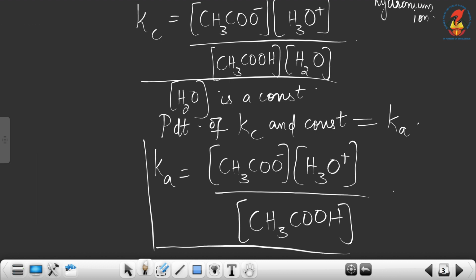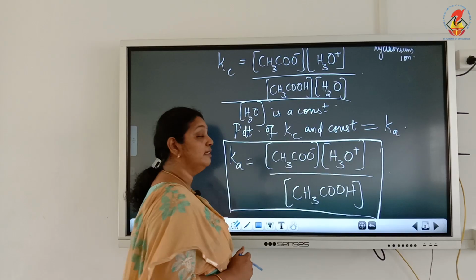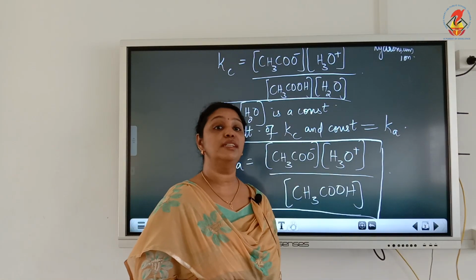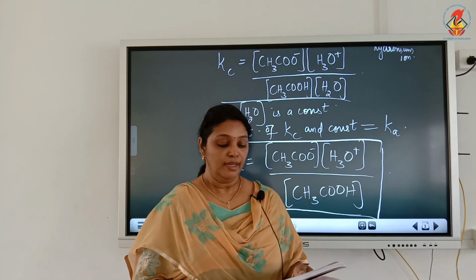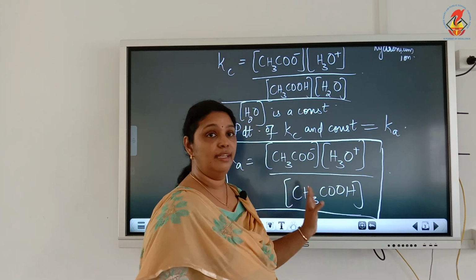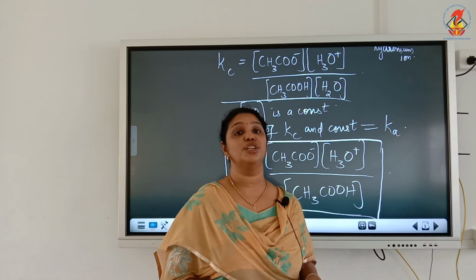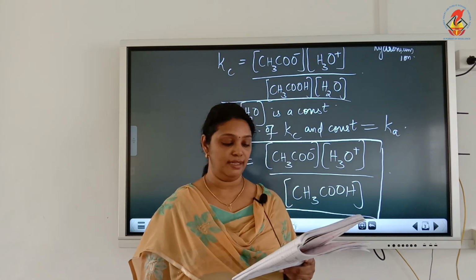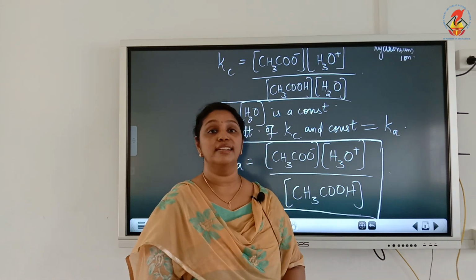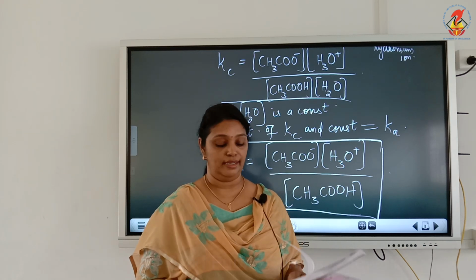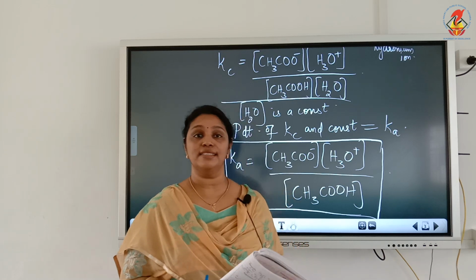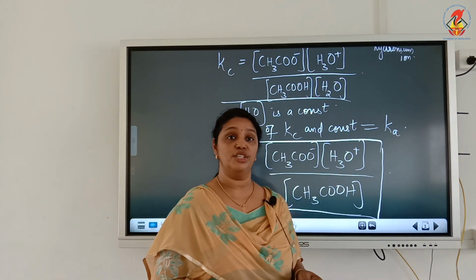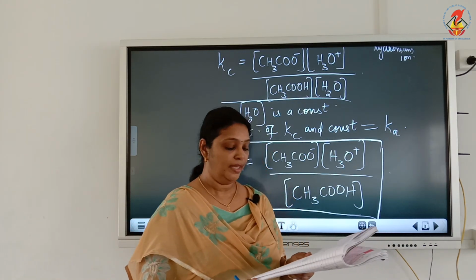So this is the expression for the ionization constant of a weak acid, which is denoted by Ka. Ka is called the ionization constant or dissociation constant of a weak acid, and it is a dimensionless quantity. So there is no unit for the acid dissociation constant.